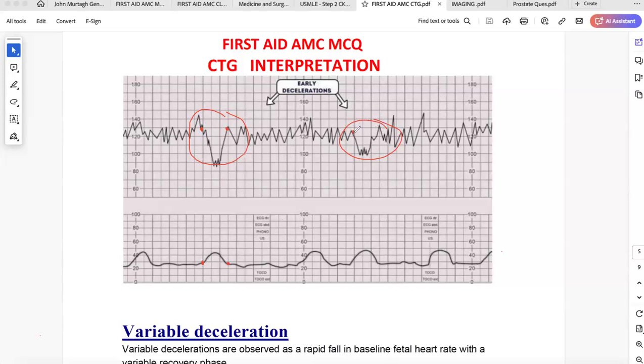Same in here. This is where the deceleration started, and this is where the uterine contraction starts. This is where it ends, and this is where this also ends. So when the deceleration totally coincides with the contraction, that is what we call early deceleration. Okay.